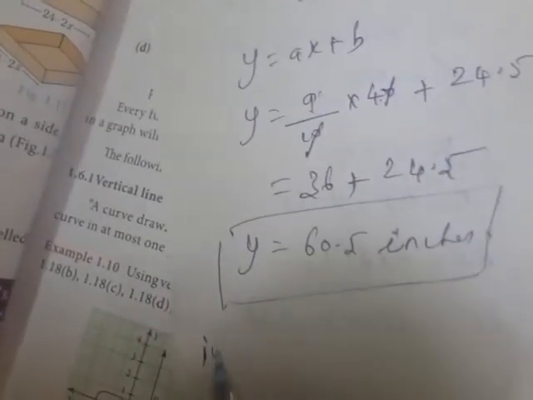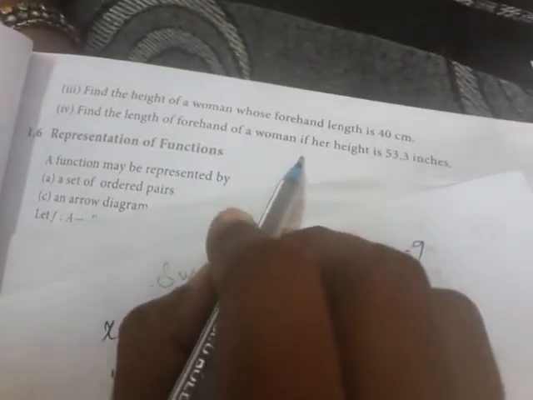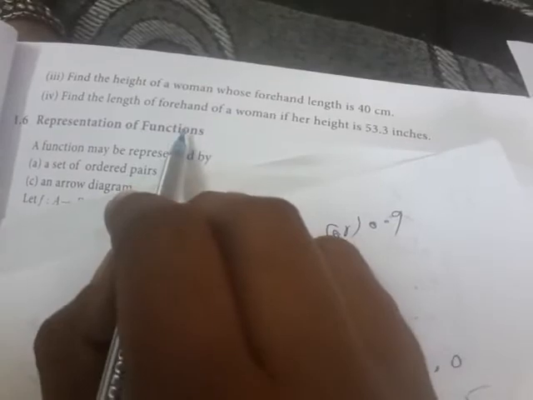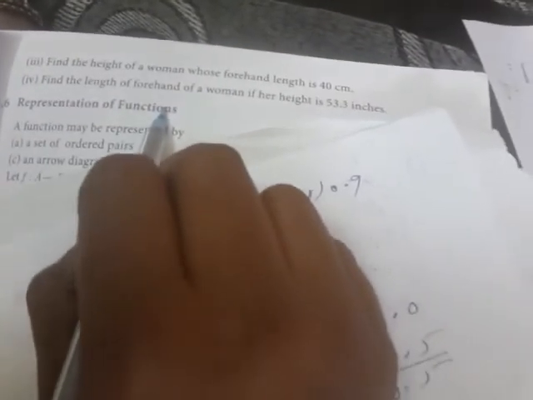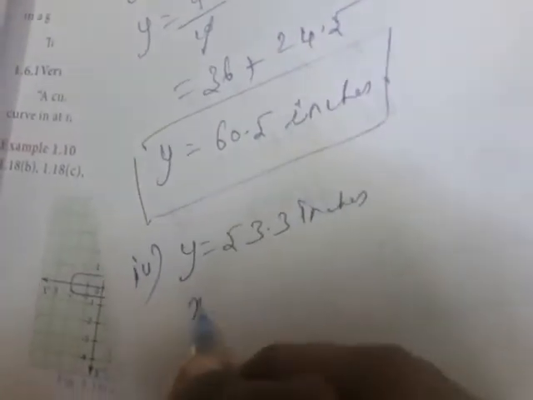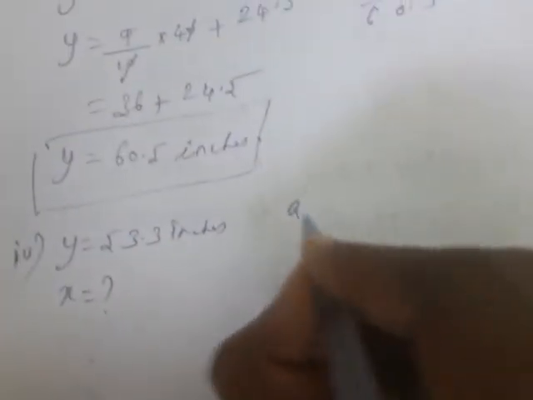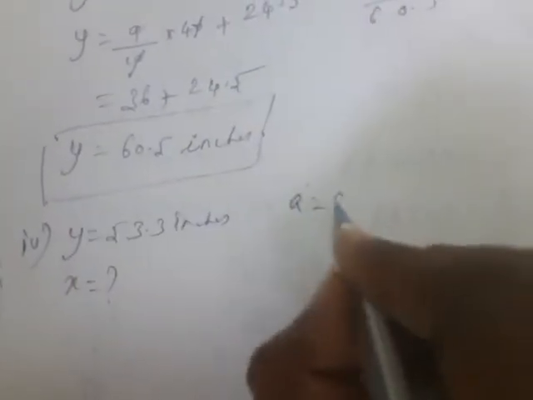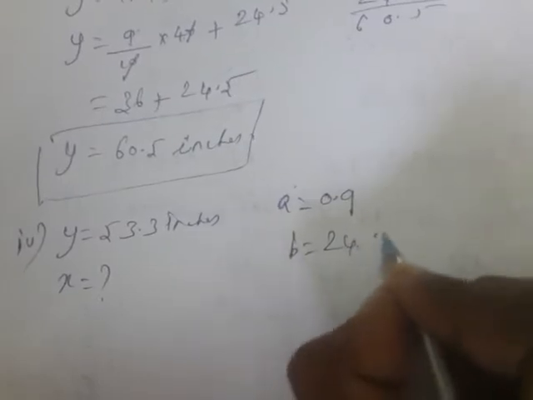Next, the fourth question. Forearm length we have to find out. The woman's height, the y value, is given. You have to find the x value. The y value is 53.3 inches, and the x value we don't know. The a value is 0.9 as a decimal, and the b value is 24.5.